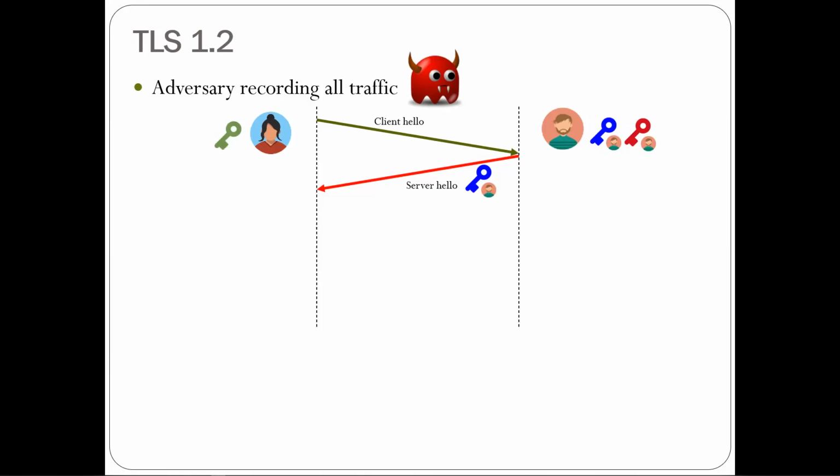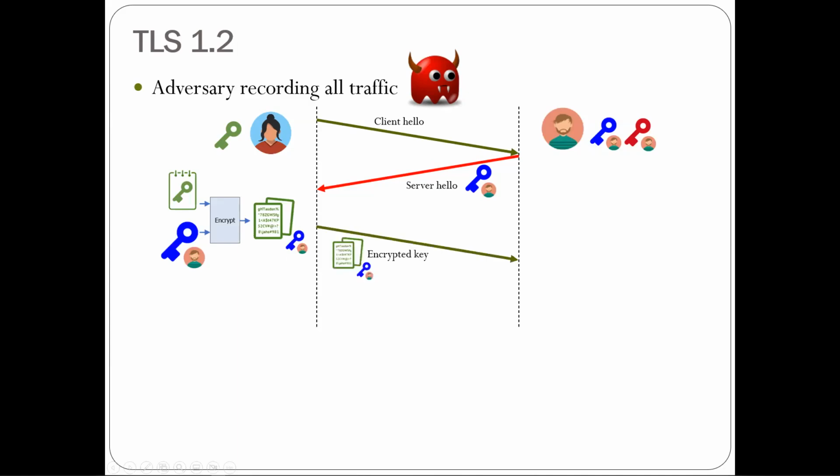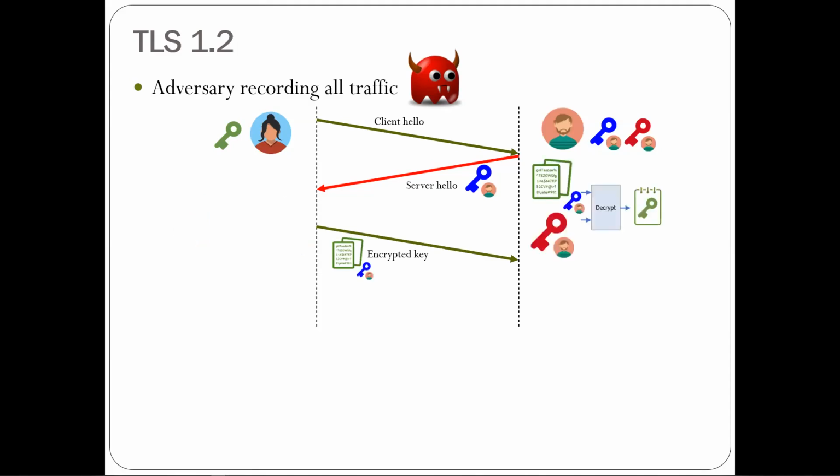Alice generates a random symmetric key, this green thing, encrypts that key using Bob's public key, and sends the encrypted symmetric key back over to Bob. Bob will decrypt it using his private key and recover the symmetric key.